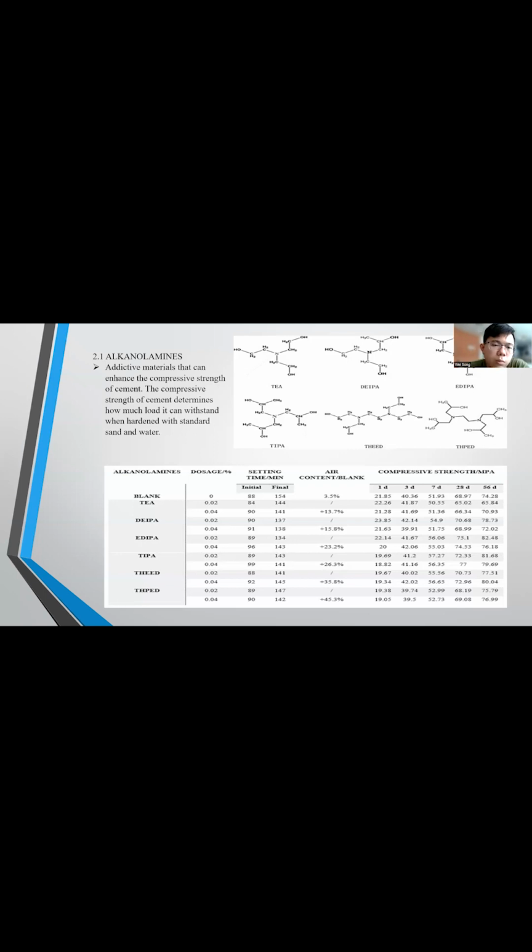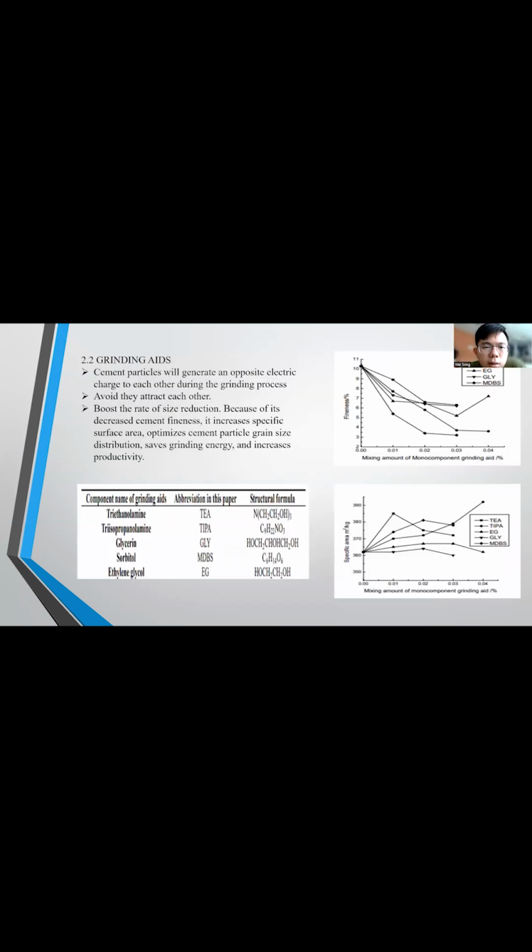Another cement additive is the grinding aid. This grinding aid can be used to prevent the cement particles from attracting each other, because during the grinding process, cement particles generate opposite electric charges.